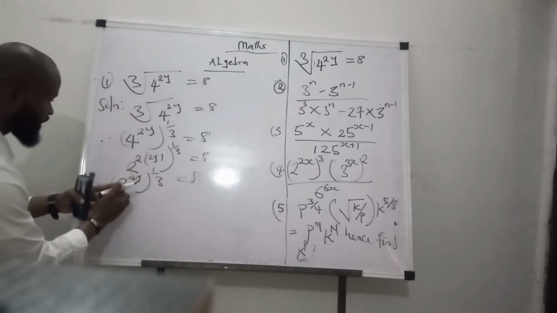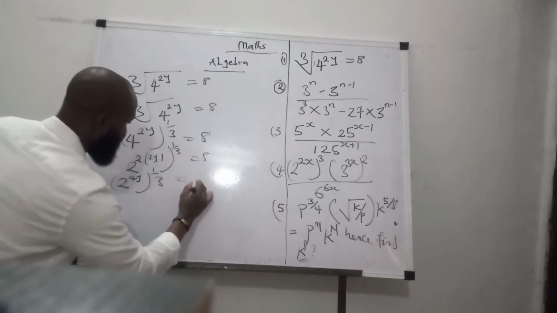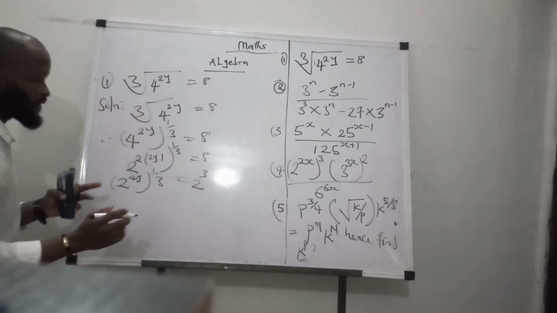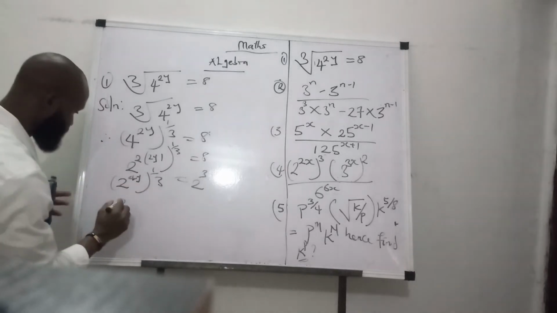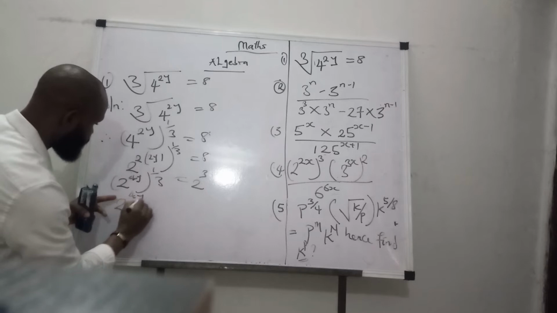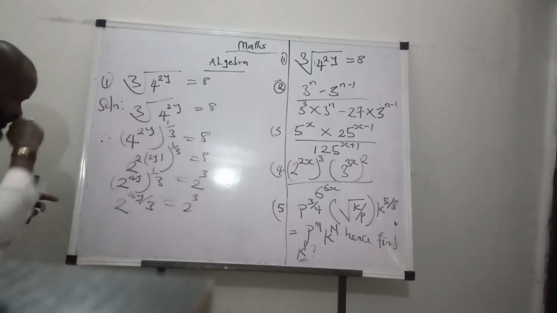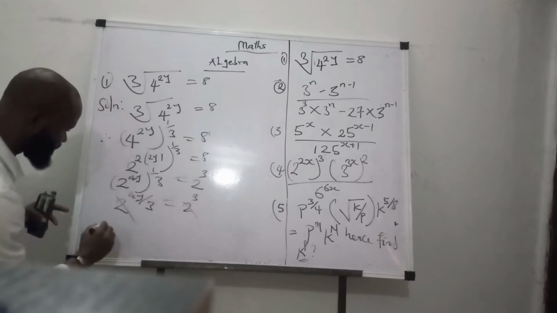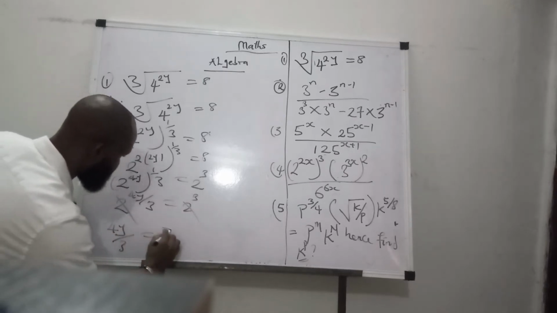And remember that 8 can actually be interpreted as 2 raised to the power of 3. Am I correct? Yes. Since we have made them of common base, we have 2 raised to the power of 4y over 3 equal to 2 raised to the power of 3. Correct? Yes. Therefore, cancelling bases, we have 4y over 3 equaling 3.